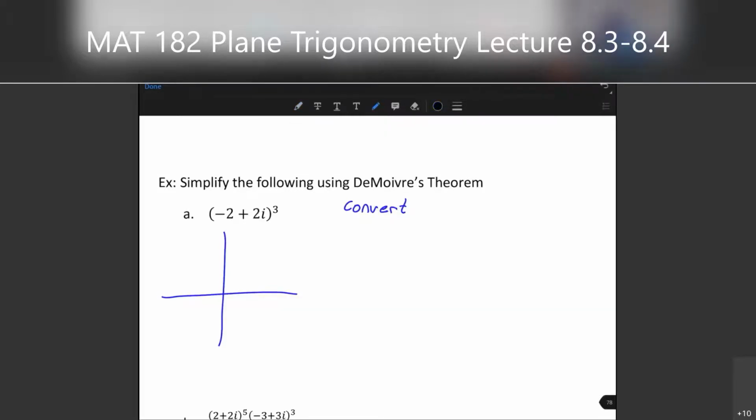That's going to be -2 in my x direction, and then +2 in my y. And the vector is going to be coming out over here in the second quadrant, at 45.